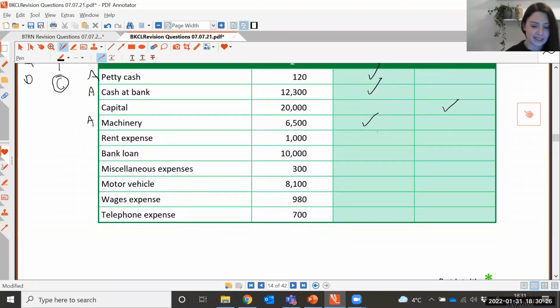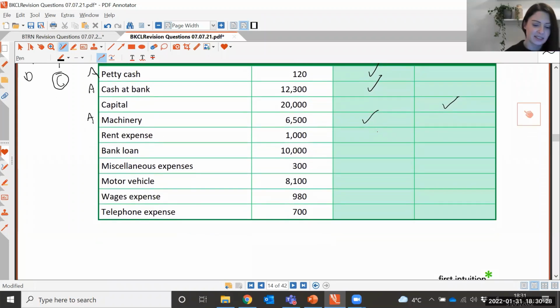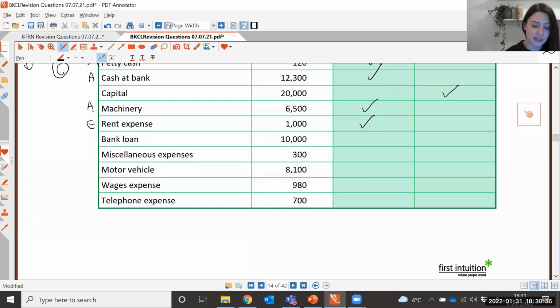What about rent? Yeah, so rent, it's an expense, falls onto the debt side, so it's a debit. What about bank loan? Yeah, liability, credit. Miscellaneous expenses, yeah, so it's an expense, debit.